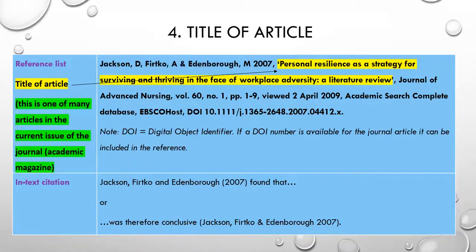So we need to know both the title of the article as well as the journal. So here we see the title of the article is Personal Resilience as a Strategy for Surviving and Thriving in the Face of Workplace Adversity, a literature review. And notice again that there are inverted commas or quotation marks around the title of the article.